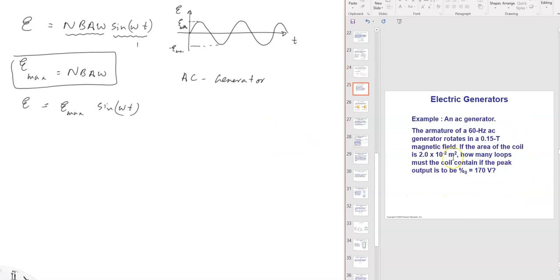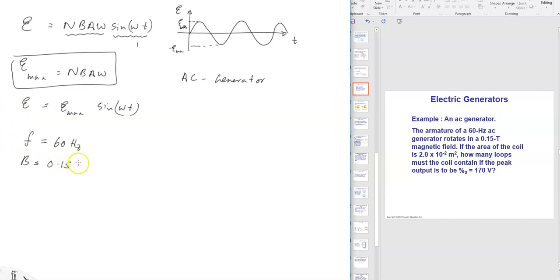So let's give a try and let's try this math problem. The armature, that's the rotating part of a 60 Hertz AC generator. So give it a try. Frequency 60 Hertz. Magnetic field 0.15 Tesla.